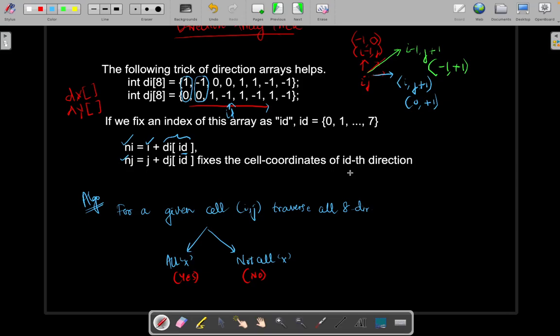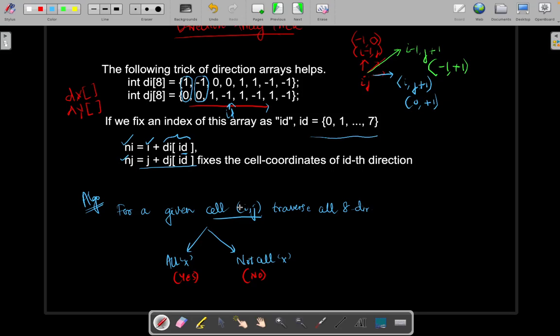Okay, so then what will be the final algorithm? Well, we can just iterate over this using a for loop. We will see the code in a while, but imagine for a given input cell i j, all we need to do is iterate the entire array and basically maintain a flag that will tell us whether all of them are x, or there exists some which is not x, which is basically a dot.